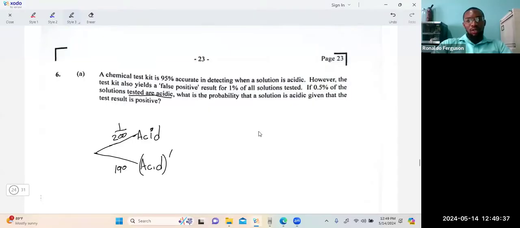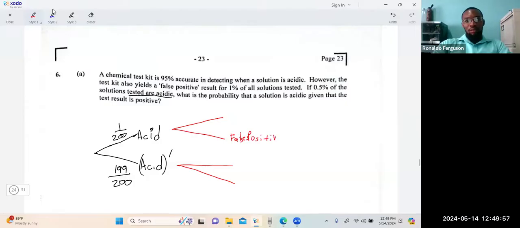Being non-acidic is 199 over 200. Now, afterwards, it can either have a false positive, or it's going to be a true positive, if that is the term.